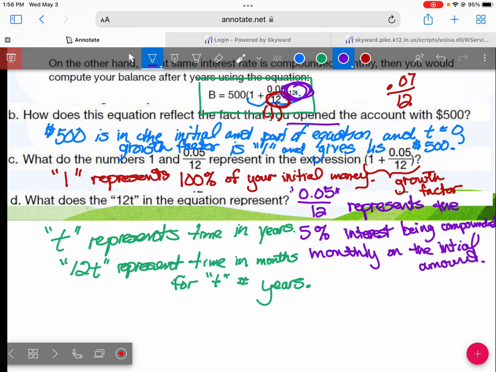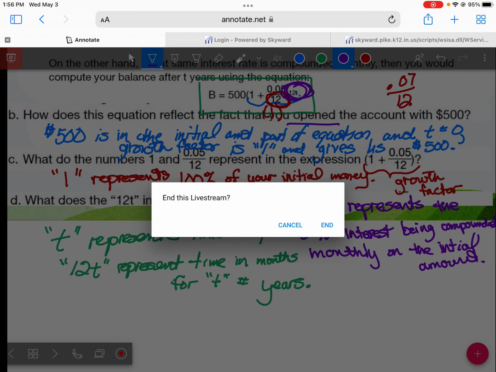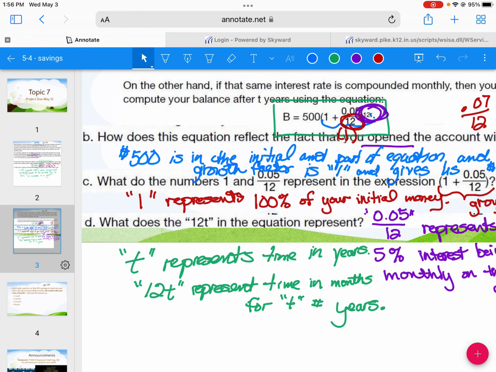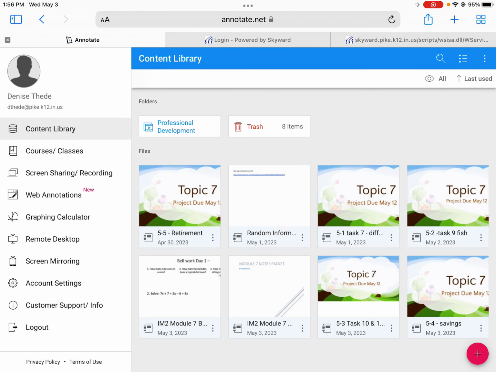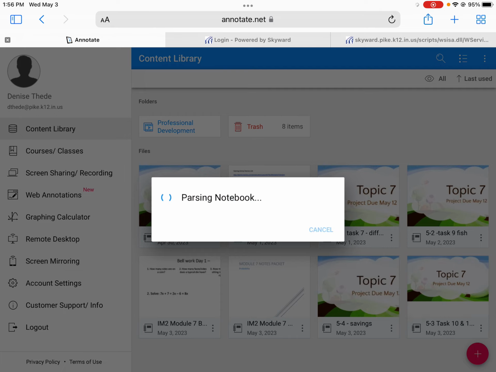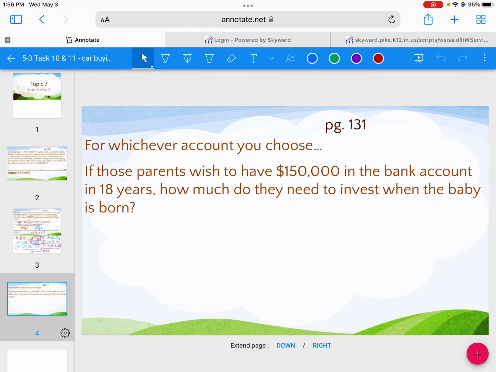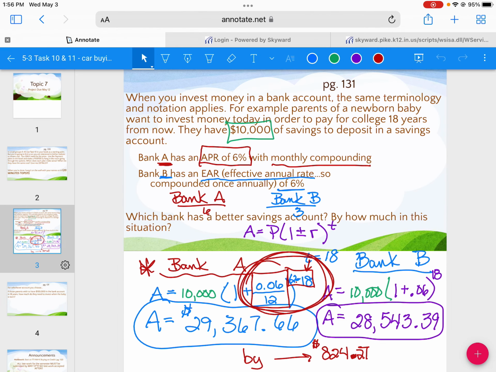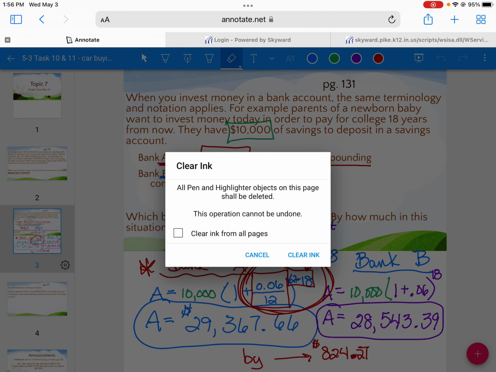Now, let's turn to page 131. We're going to flip back now. Task number 11. I really felt like this first part of this slide did a good job with that. Now we're going to go back to 131. And we're talking about banking.